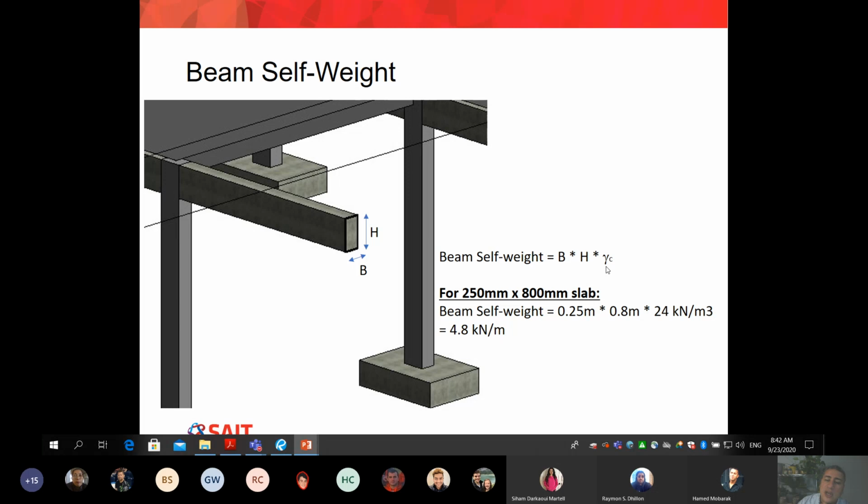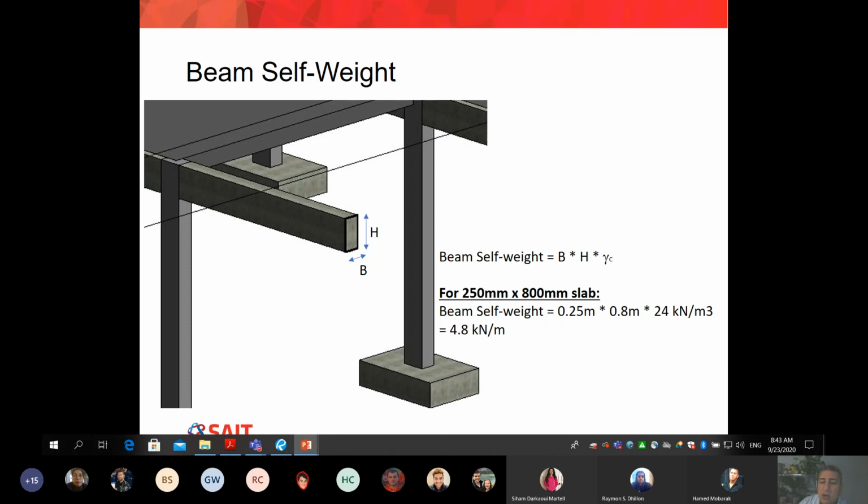So B times H times gamma concrete. If my beam is 250 by 800, so the width is 250 and the depth is 800, how do we find the self weight of this beam? You just have to multiply B times H times gamma. Again, one more time, be careful about units.